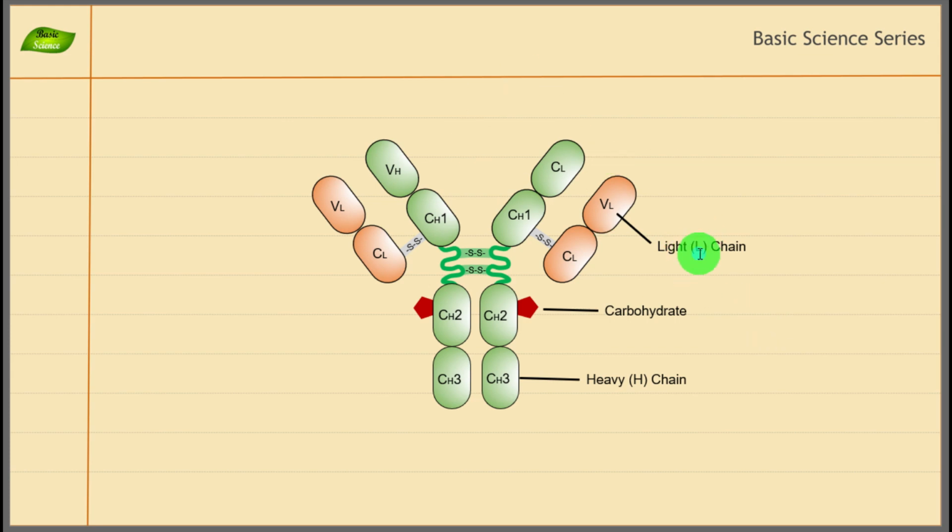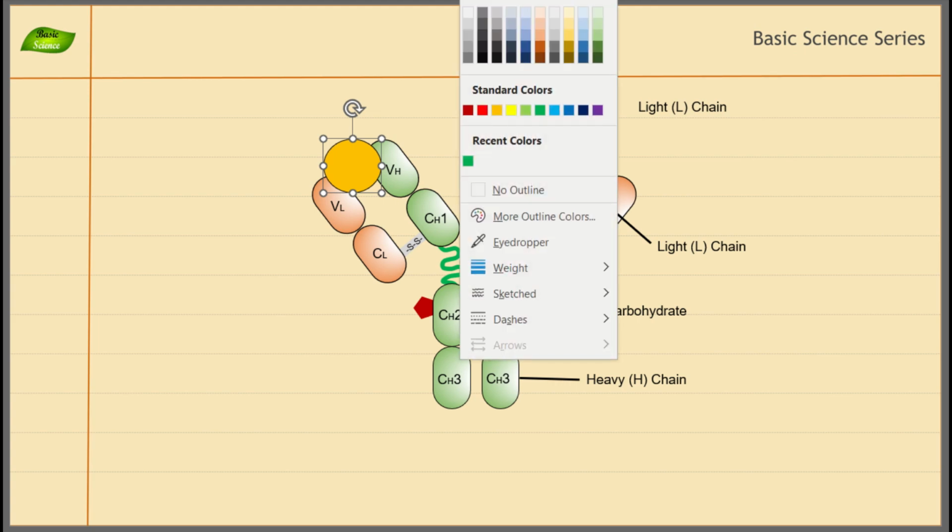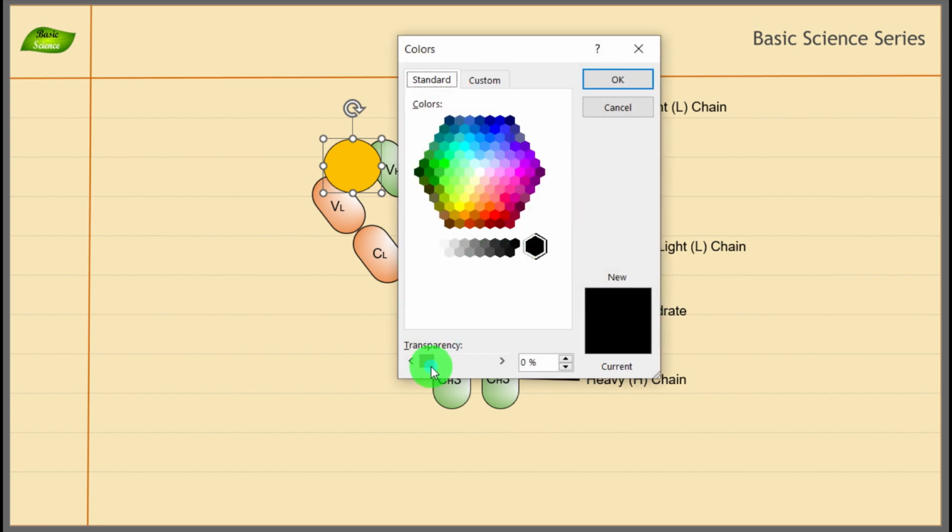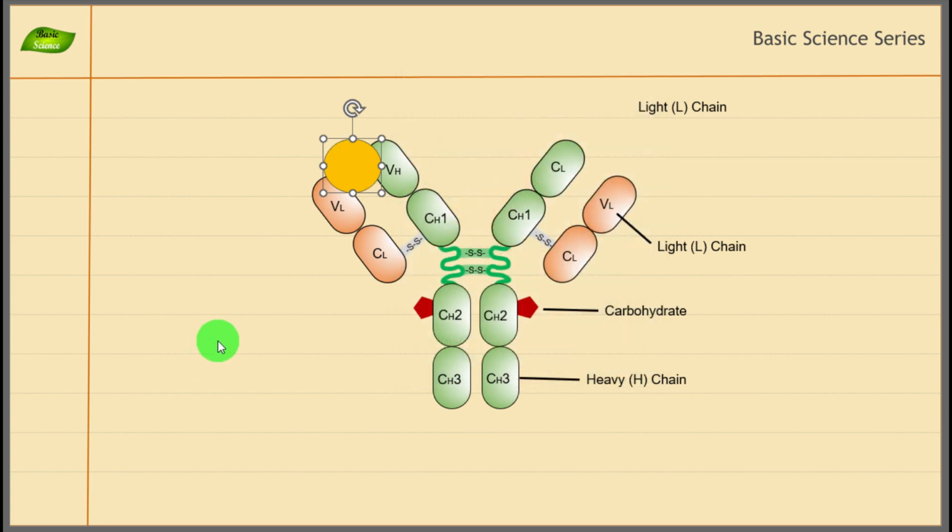Now I have to show actually the antigen binding site. So probably I should make another structure right here, and then what I should do in this case is basically let's keep the outline the same, and I'll just keep the transparency really low so that we can see the structure.